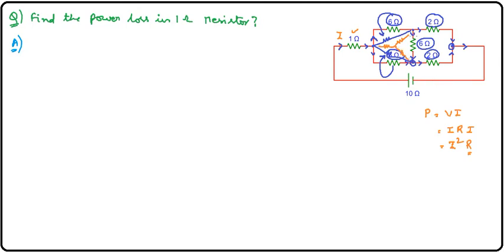Now the current is divided at this point, and the same current flows through this 2 ohm resistor also. Similarly, the current is divided at this point and the same current flows through the other 2 ohm resistor.